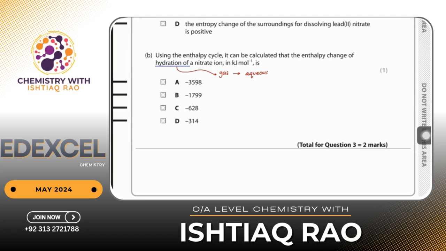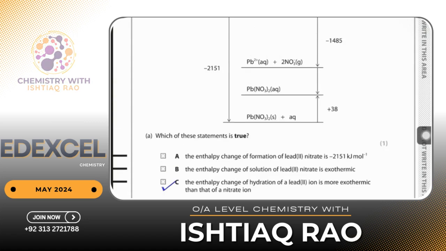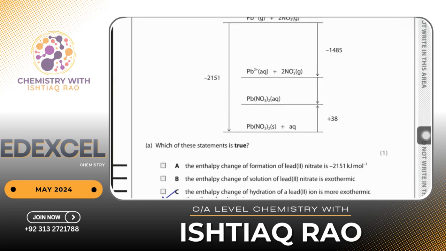So we can calculate the hydration. What would be the value? What do you think? I have to calculate from gas to aqueous. What is supposed to be the answer from this cycle? We have to use this cycle only.